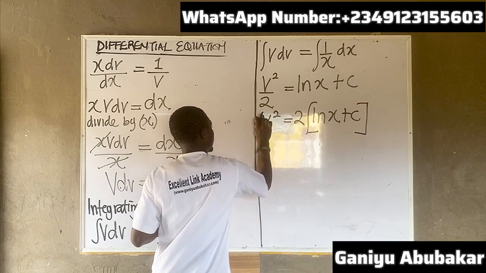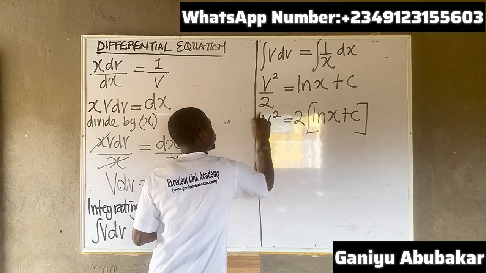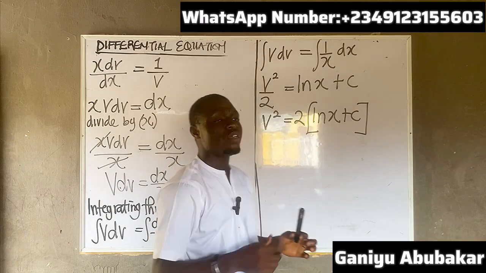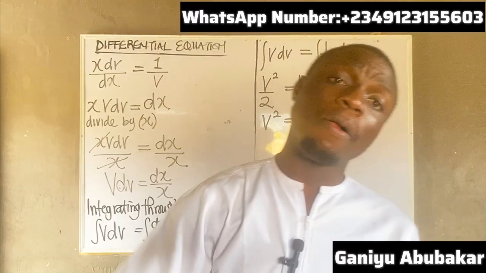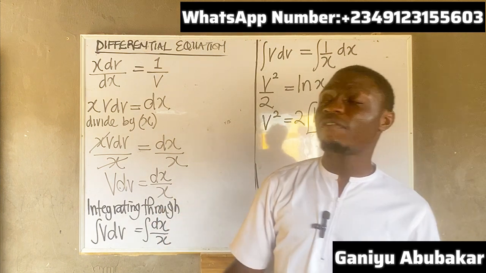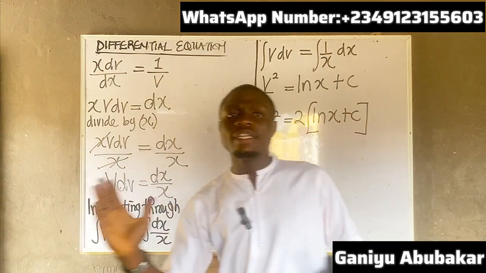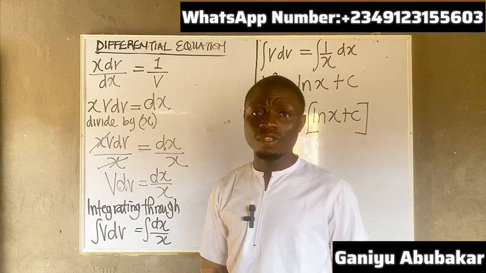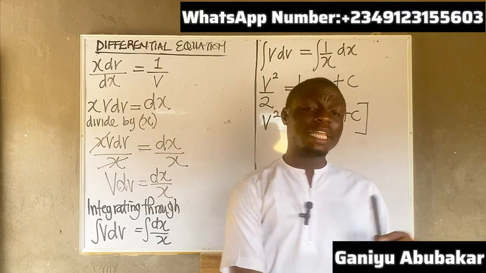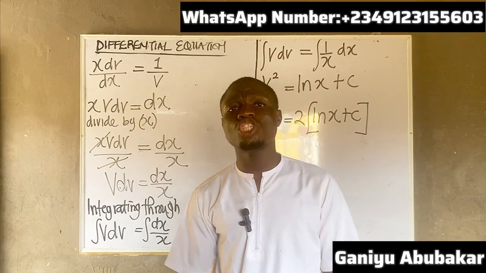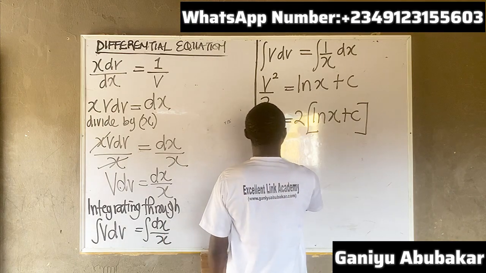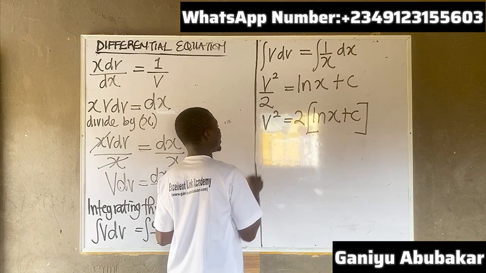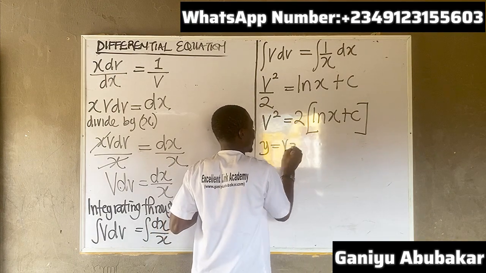All right. Now, we are not asked to find v. The task is to make y the subject. Our answer must have y equals the answer in x terms. The question was given in terms of y and x, so it should not end with v and x. It should be y and x. So let's take back v. What do we know? We said y should be vx.